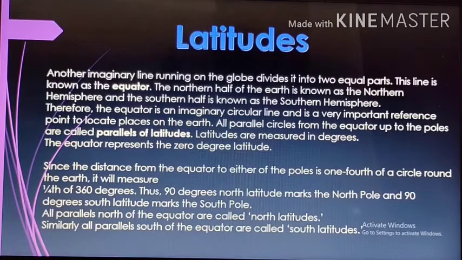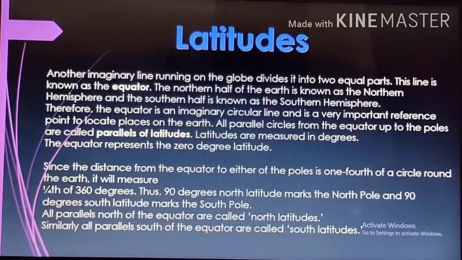Latitudes are measured in degrees. The equator represents the 0 degree latitude. Since the distance from the equator to either of the poles is 1/4 of a circle round the earth, it will measure 1/4 of 360 degrees, that is 90 degrees.